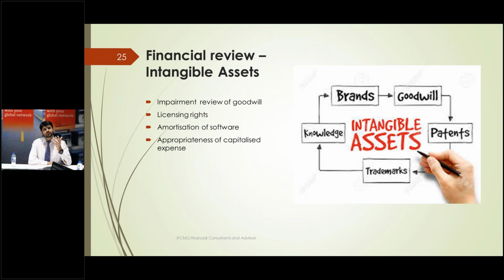Then we have impairment review of goodwill. That is another critical area, whether the company's goodwill should be impaired or not.